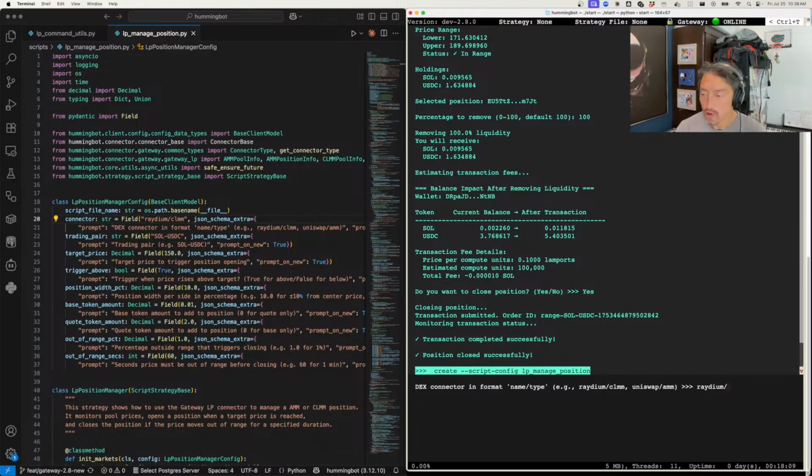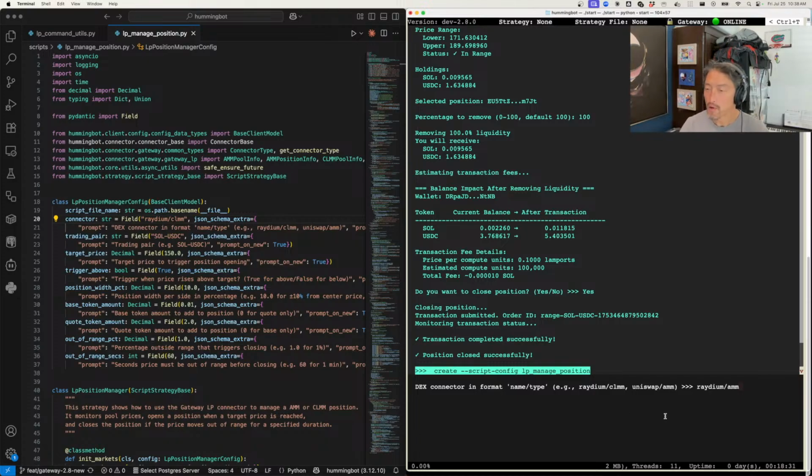But we also do the same thing for AMMs. For the AMMs, it tracks the entry price and how much the price has moved, and if that price change has exceeded the position width amount, it will still remove liquidity from that AMM position.